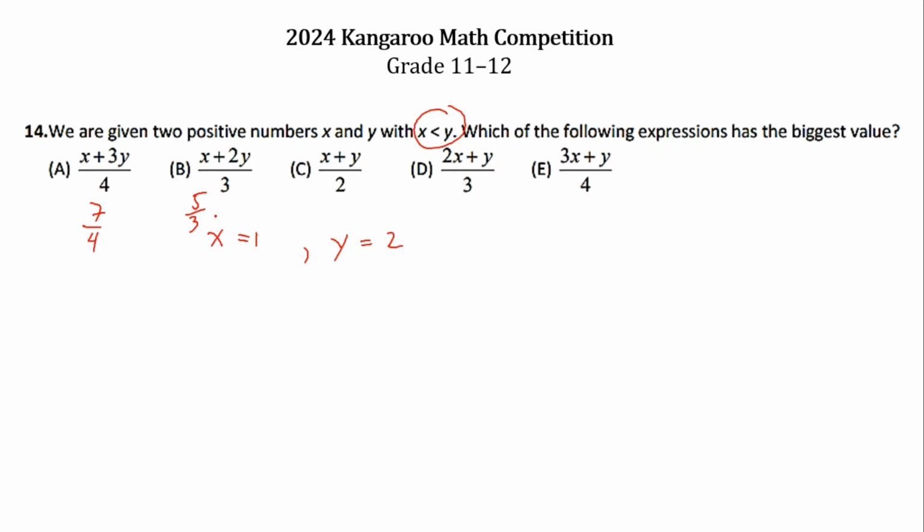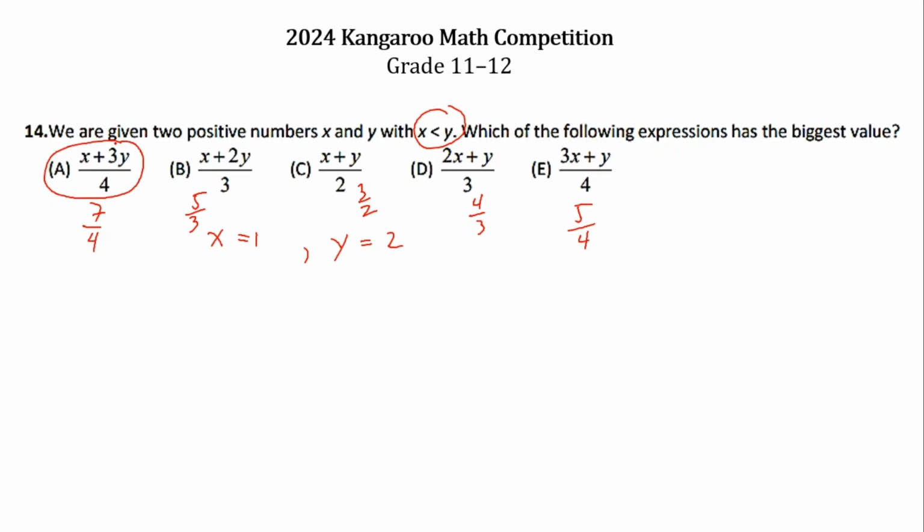Now for option C, we have 3 halves. For option D, we have 4 thirds. And for option E, we have 5 over 4. Alright, now we can just compare these values, and obviously the largest is 7 over 4. So the answer is option A.